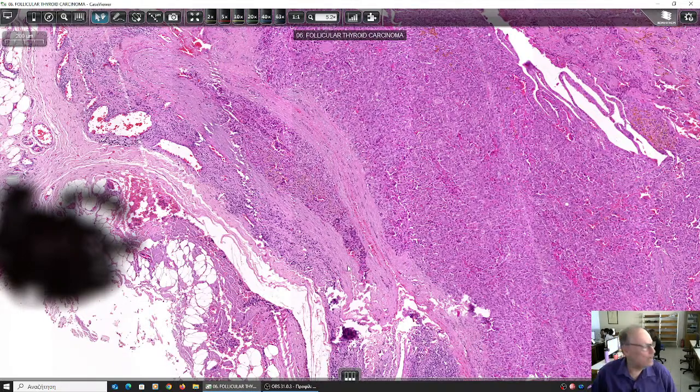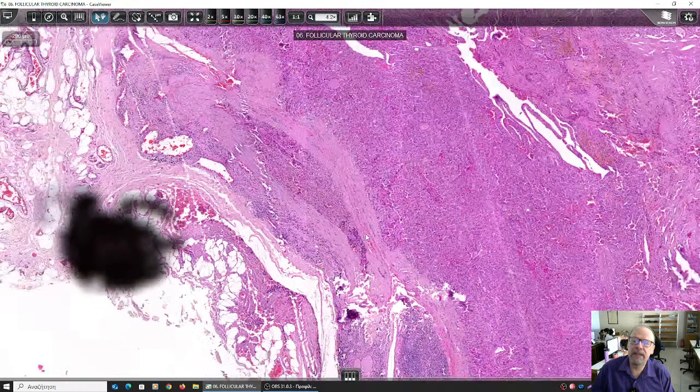So, how is follicular carcinoma diagnosed? It's diagnosed by the lack of nuclear features of papillary carcinoma and the invasion either within its capsule, or outside beyond the capsule, or by invasion of blood vessels, either within the capsule or beyond the capsule.